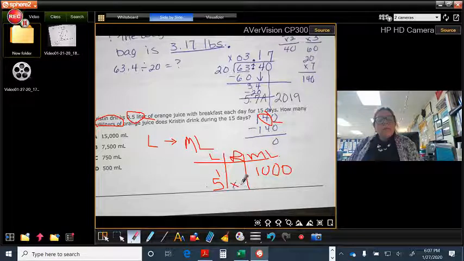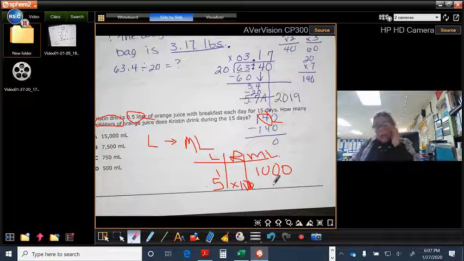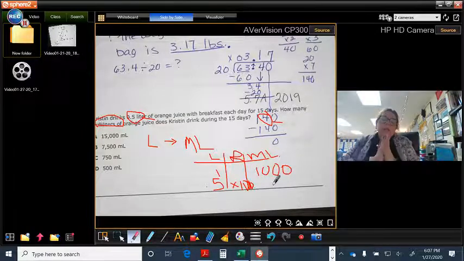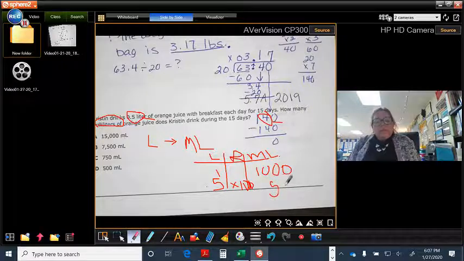Remember, I'm going to be multiplying that by 1,000 is my rule. So 5/10 times 1,000, a half of 1,000, because I only have 5/10 of it. So I'm going to take half of that 1,000, and what is a half of 1,000? It's going to be 500 milliliters.